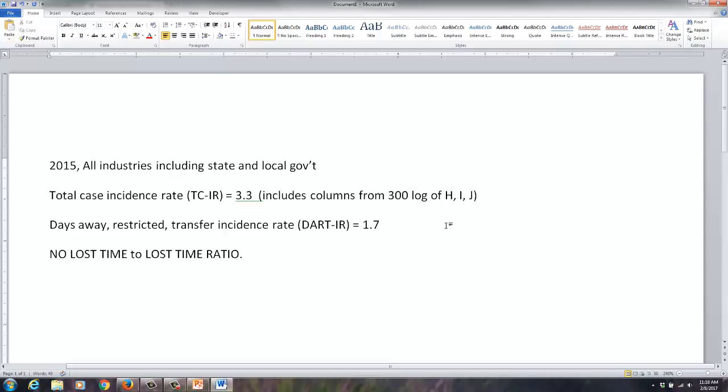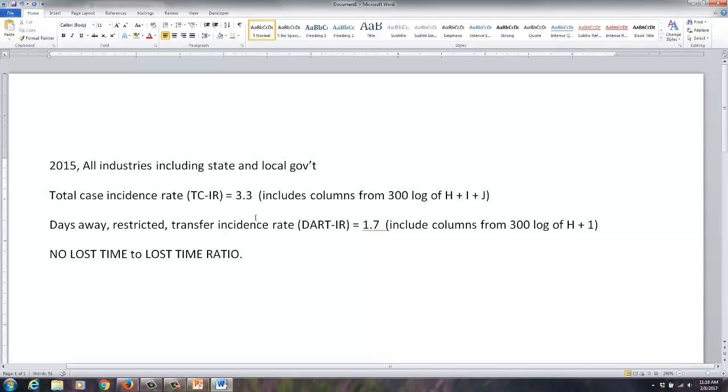The DART, on the other hand, includes columns from the 300 of H and I.